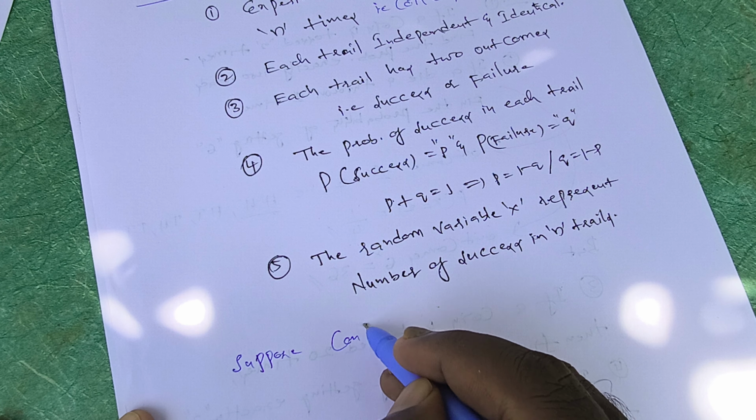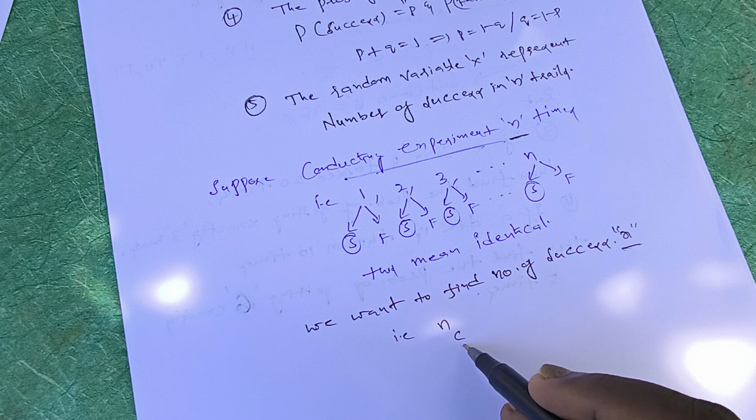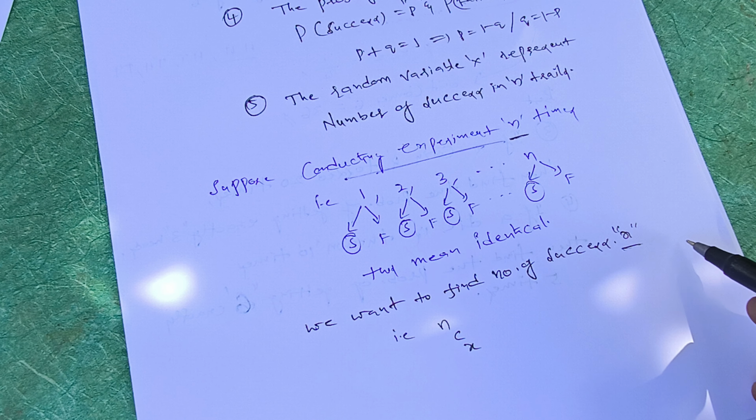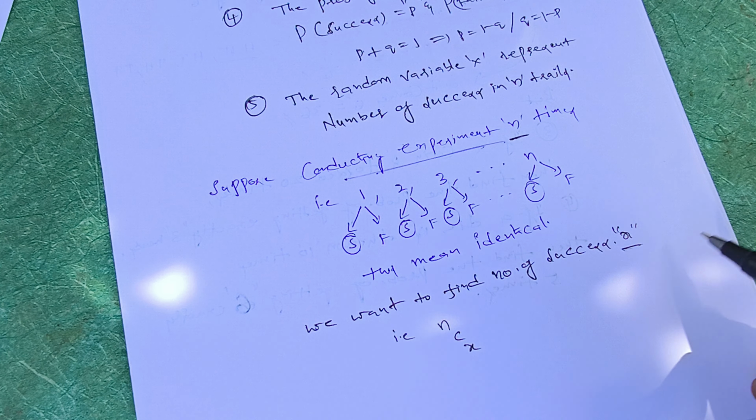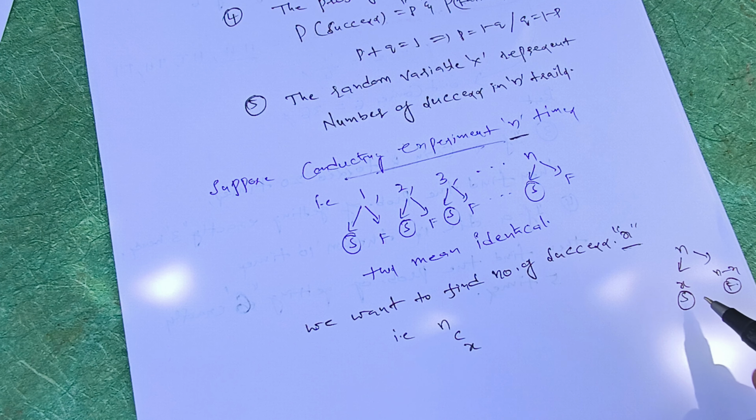So conducting the experiment n times, we want to find the number of successes. x successes can occur in nCx ways. Out of n trials, x are successes and the remaining n minus x are failures.